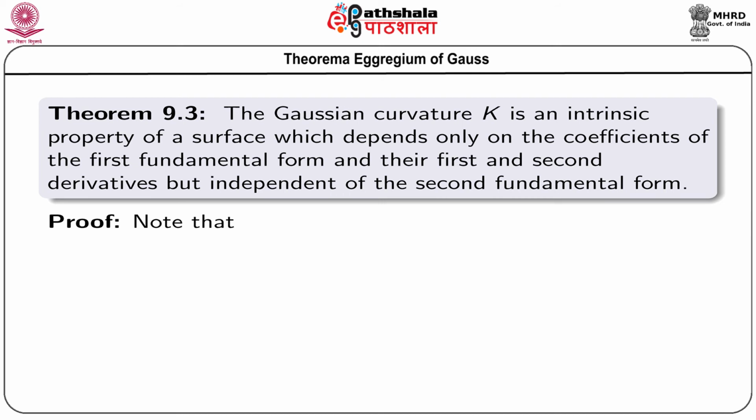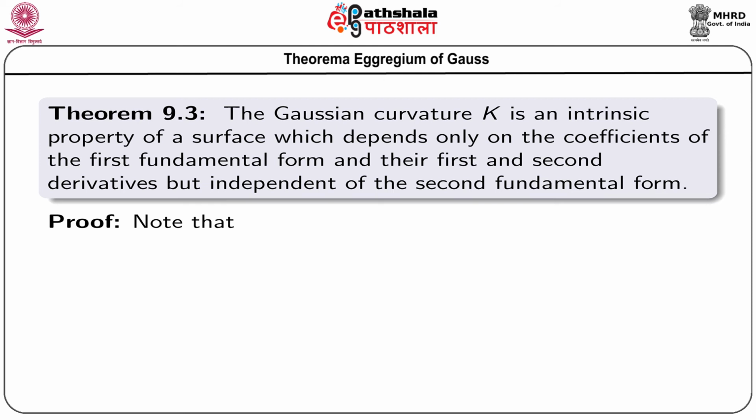This theorem states that the Gaussian curvature K is an intrinsic property of a surface which depends only on the coefficients of the first fundamental form and their first and second derivatives, but independent of the second fundamental form.